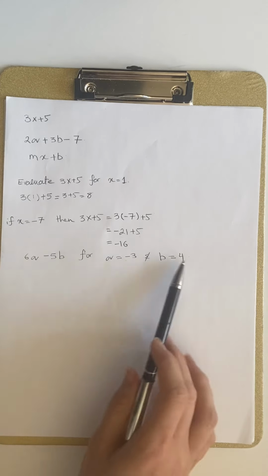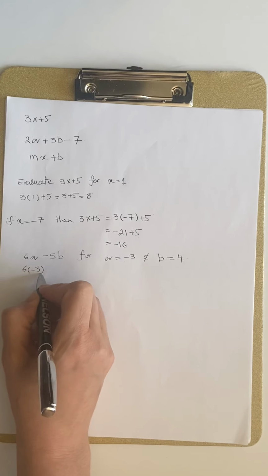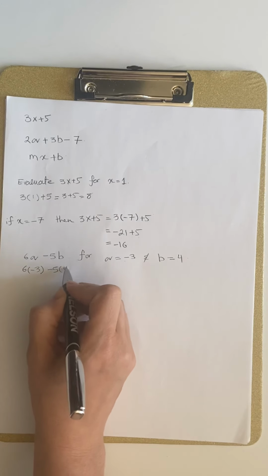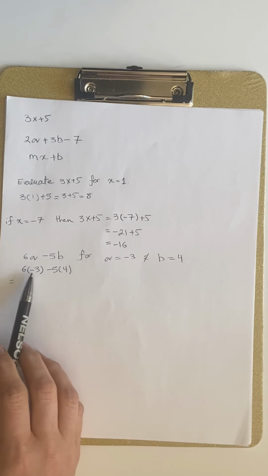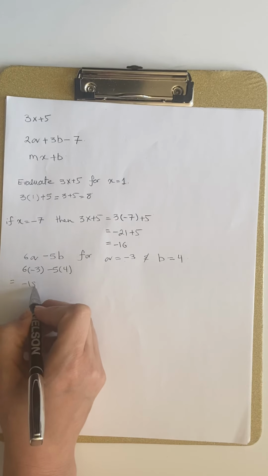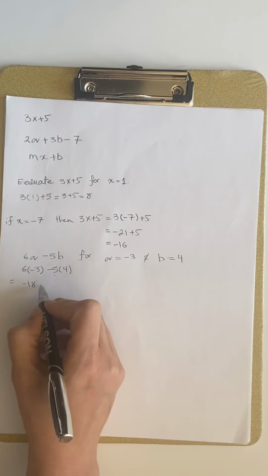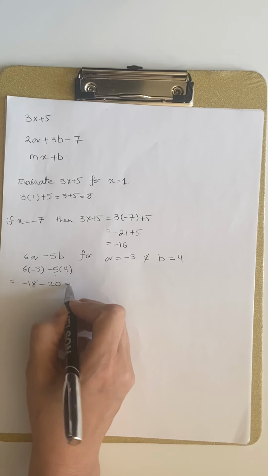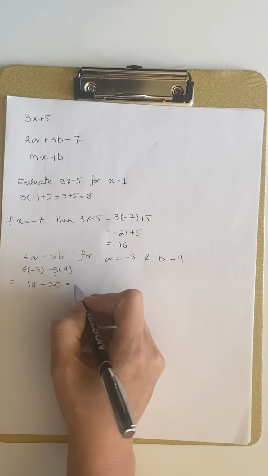We're going to replace them. 6 times -3 minus 5 times 4. Order of operations, multiplication first. 6 times -3, -18. -5 times 4, -20. And the answer is -38.